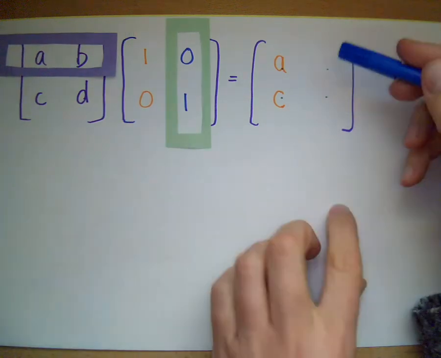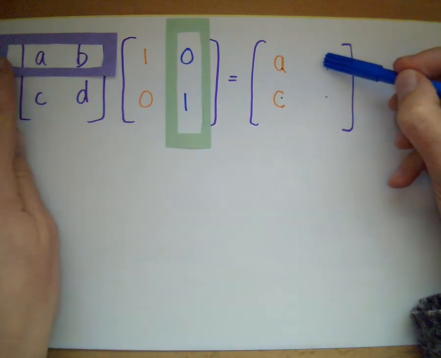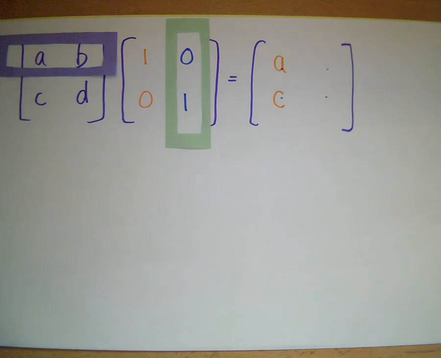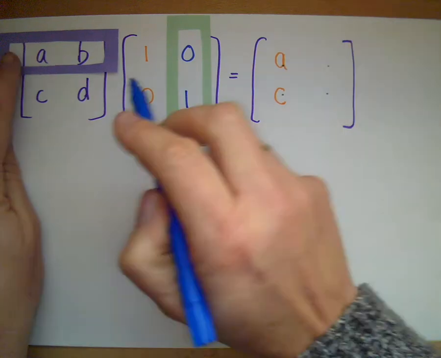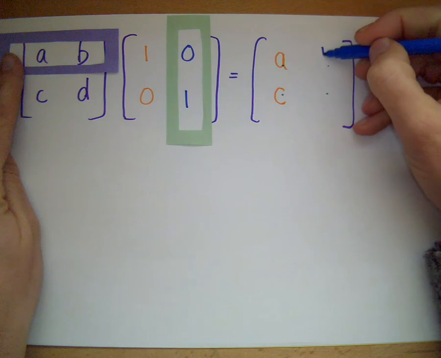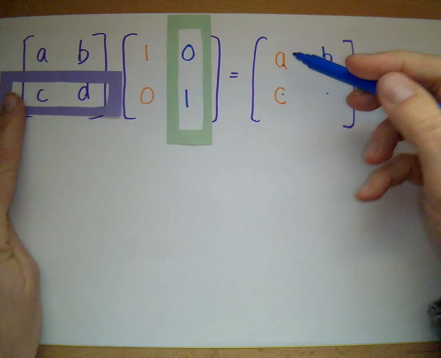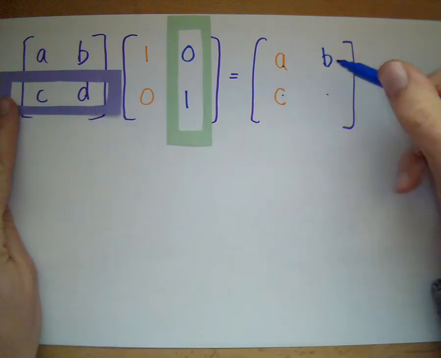Remember? First row, second column. Remember the order. To get this number, first row, second column, I do A times 0 is 0, B times 1 is B. So I write B. To get this one, I take second row, second column, C times 0 is 0, D times 1 is D.